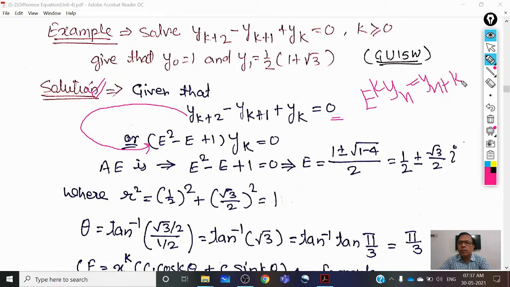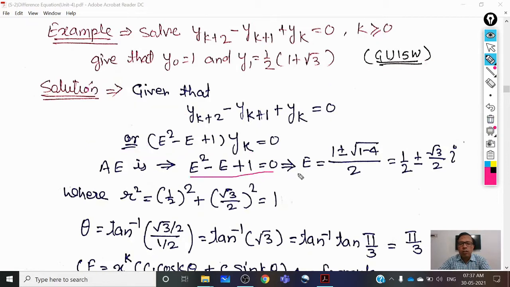This is the formula of the shift operator, and using this formula the given equation can be written as (E² - E + 1) y(k) = 0. Now the auxiliary equation of this equation is E² - E + 1 = 0.